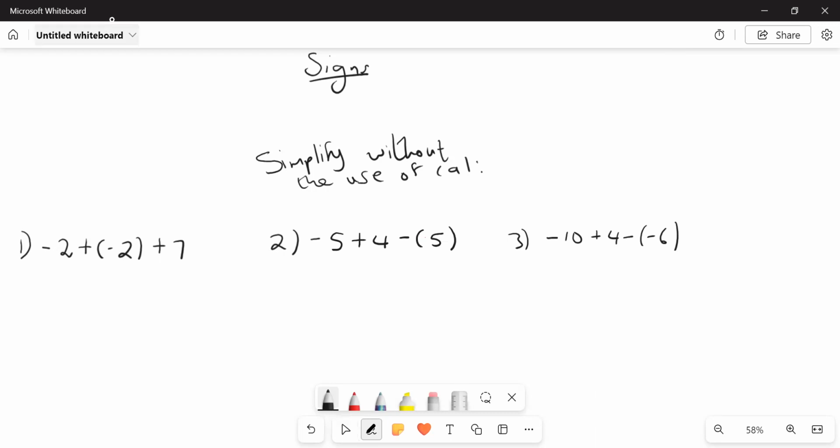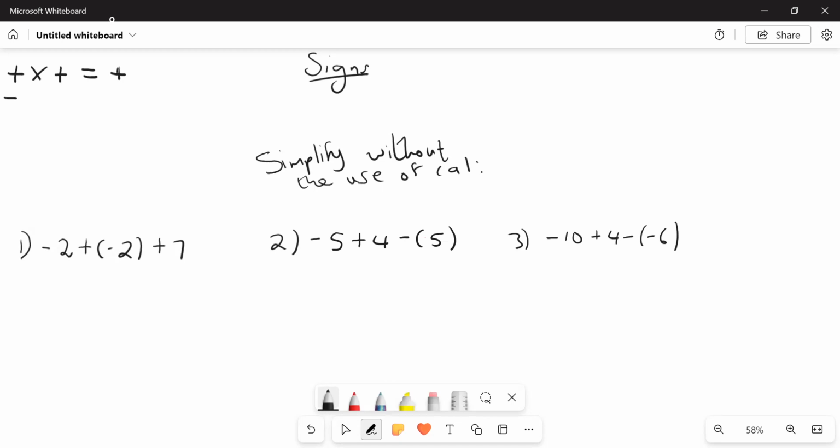So let's say, for example, they give us a positive multiplied by a positive. The first thing you need to understand is that a positive and a positive are two same signs. If you multiply same signs, expect a positive.